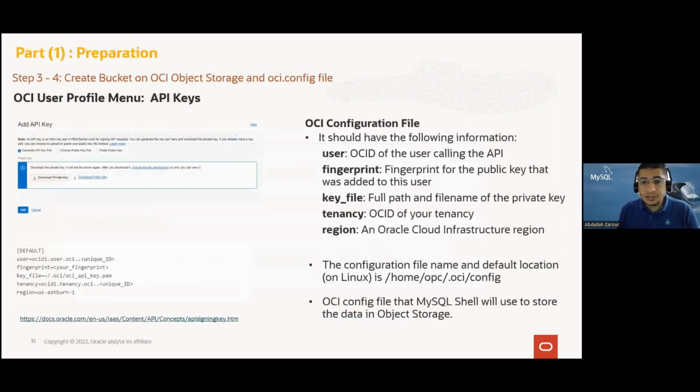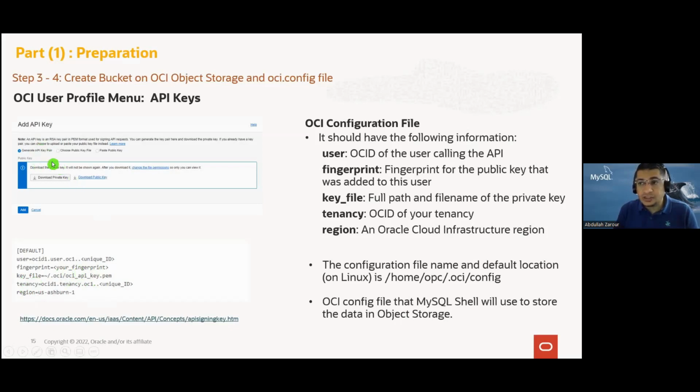The last point is to create the config file. We need this config file, and these are samples of a config file. This is very important when you want to access the OCI resources and the object storage and to communicate with the service. You need to specify the user, the region, and the tenancy ID, the key file, which is the private file, and the key fingerprint.